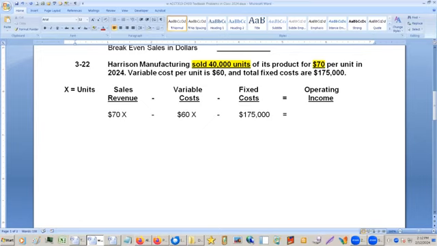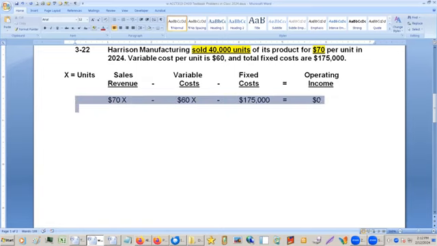And at break even, this should be 0. All right, so we're just going to solve for that. Solve for x.